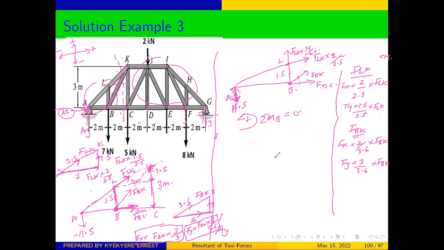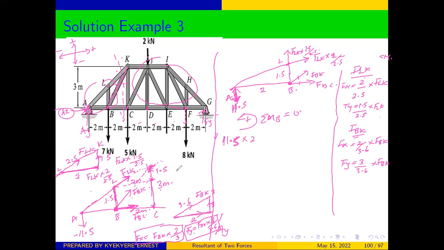And from here, we are going to get our moment about B as equal to 11.5 times the distance where we are taking the moment. You know that the distance from A to B is 2, so times 2. But will that give us a clockwise or anti-clockwise rotation?